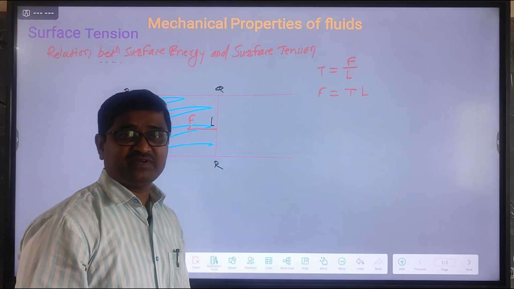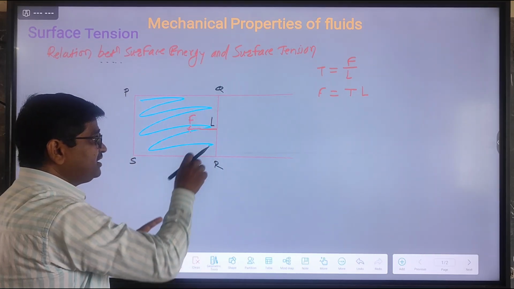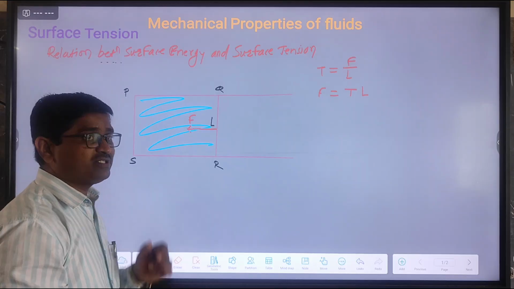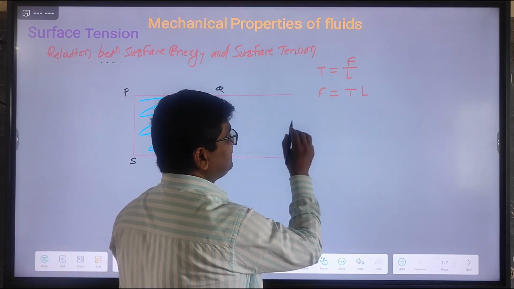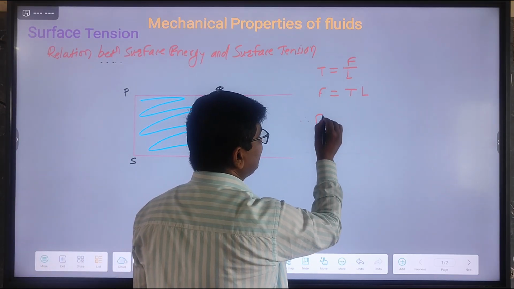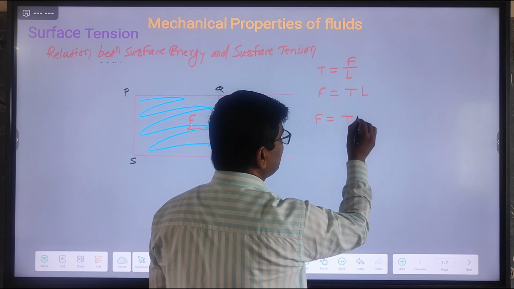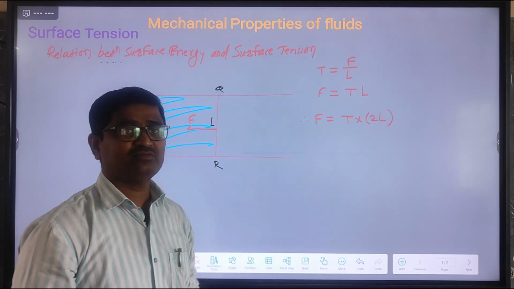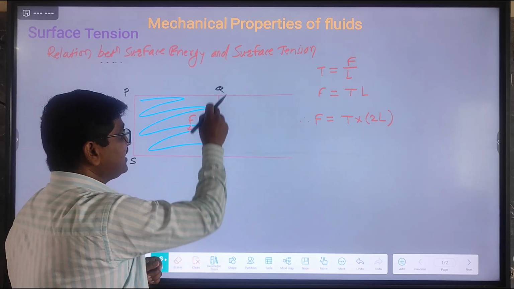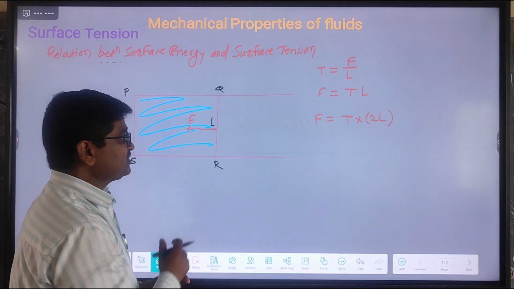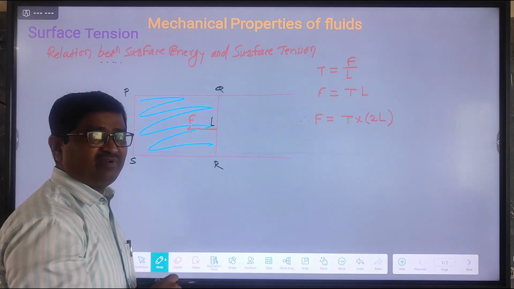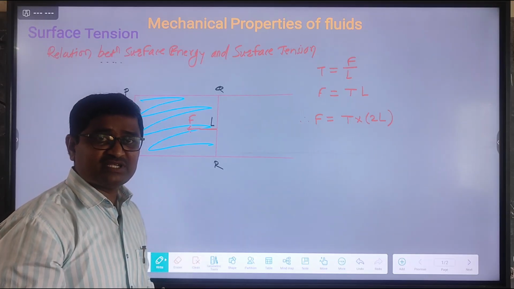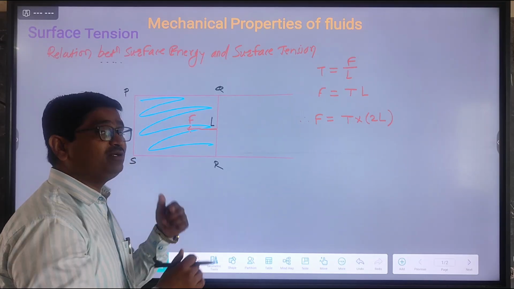Now when the wire QR experiences the inward force F, this force will be F equals T into twice L. Why do we write 2 here? Because when the sliding wire QR experiences the inward force, the surface area of the film decreases, and this decrease in the surface area of the film happens on 2 sides.